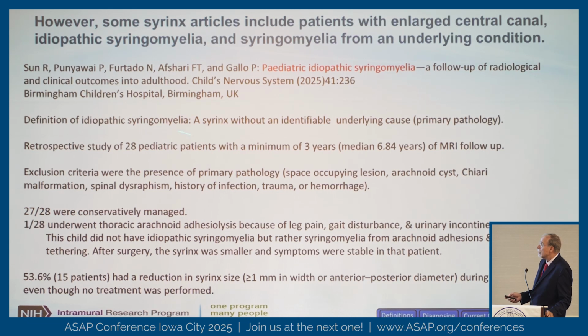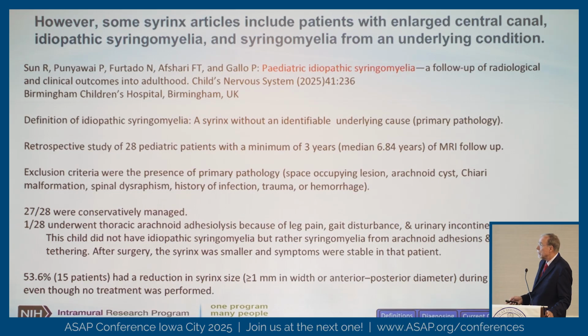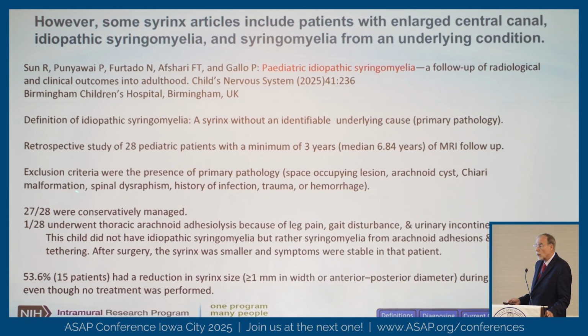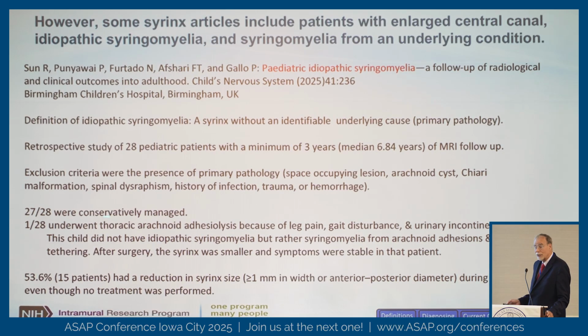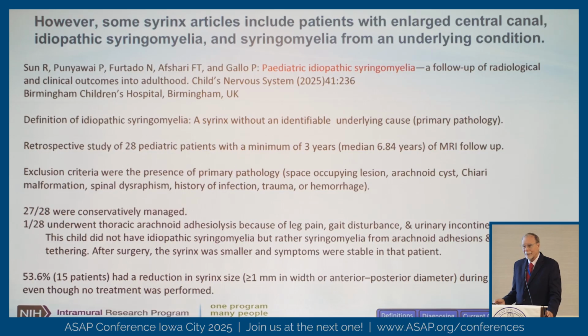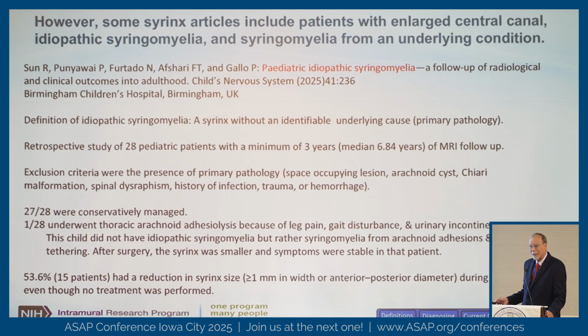They had 28 pediatric patients with a minimum of 3 years follow-up. They said 27 out of 28 were conservatively managed, and 1 out of 28 underwent this operation. Well, that person didn't have idiopathic syringomyelia. This person had syringomyelia from a cause. So they couldn't help themselves. They had to include somebody with a cause in idiopathic just to make it more difficult.